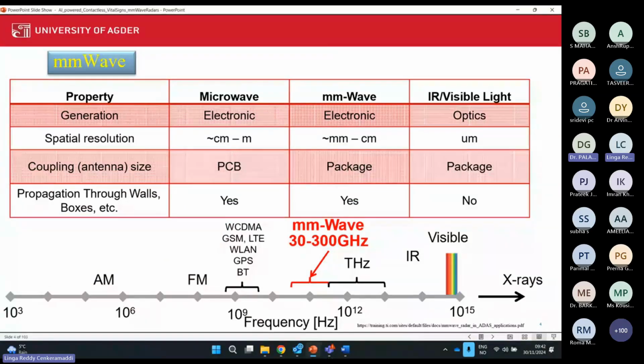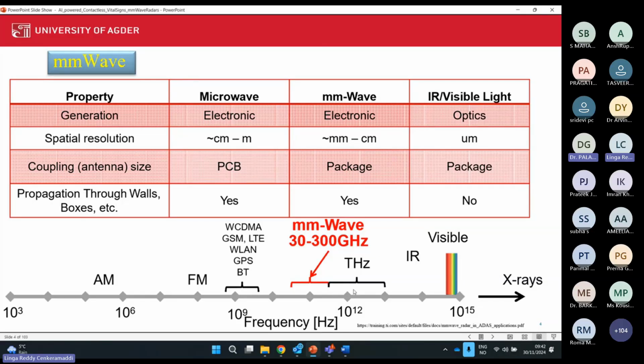When you position the millimeter wave range in the entire electromagnetic spectrum shown here, the millimeter wave range spans from 30 gigahertz to 300 gigahertz.